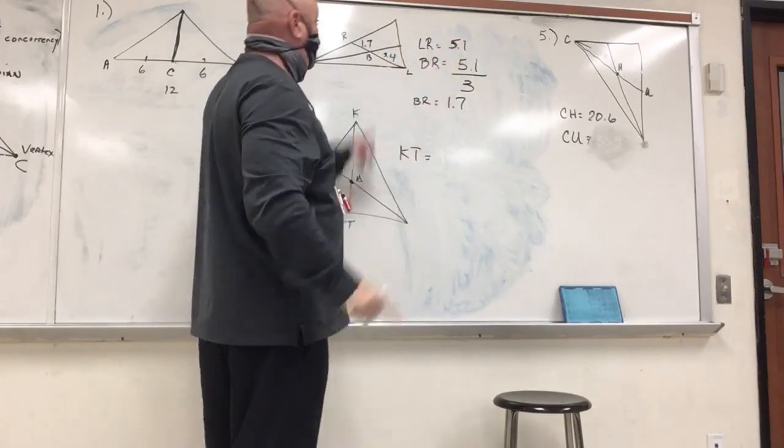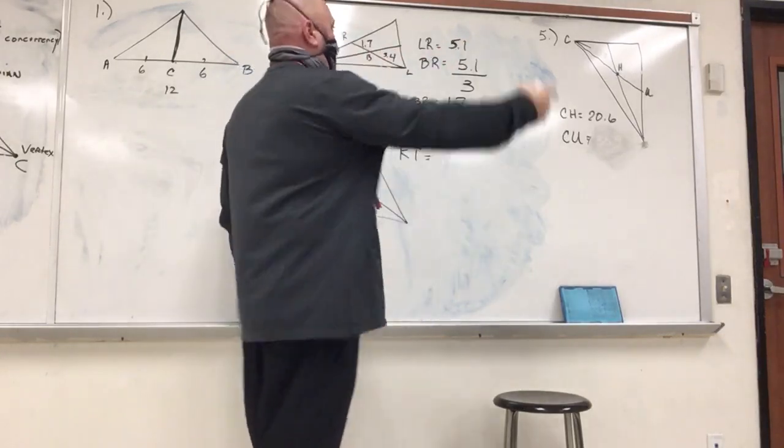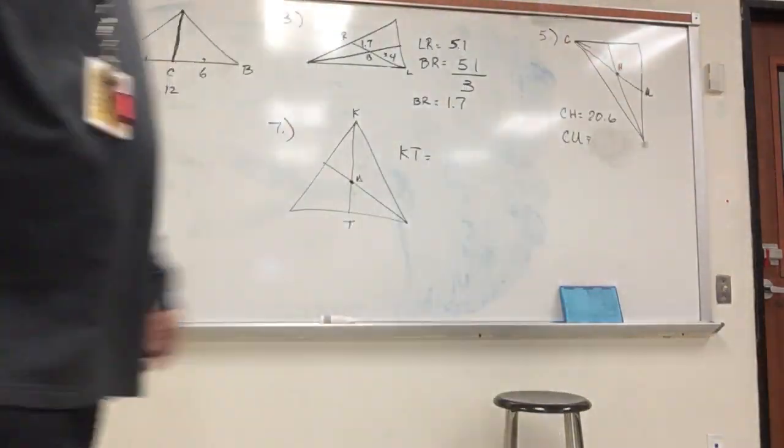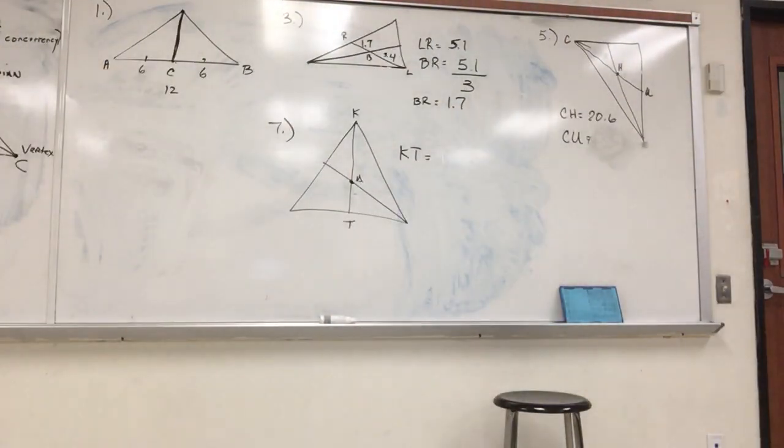And I bet if you take 3.4 and add it to 1.7, you get 5.1. Okay? So all you gotta do is figure out where your short segment is and where your long segment is. That's all you gotta do, and then use that.